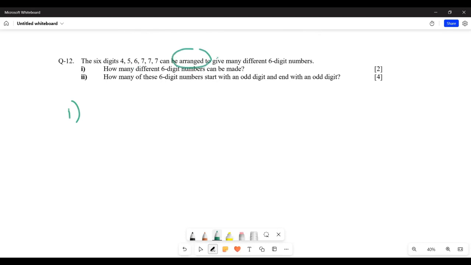That means permutation. So 6 digits, 6 spaces. So that's 6p6 or 6 factorial. I'm writing 6 factorial upon we have 3 sevens, 3 repetitions. So divided by 3 factorial. That is 120.